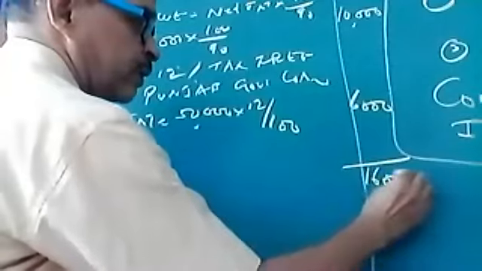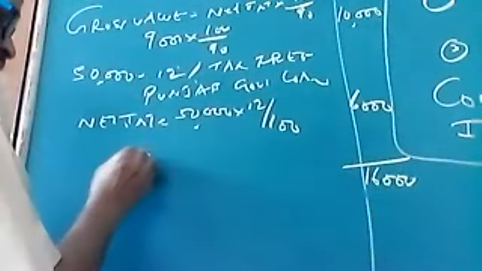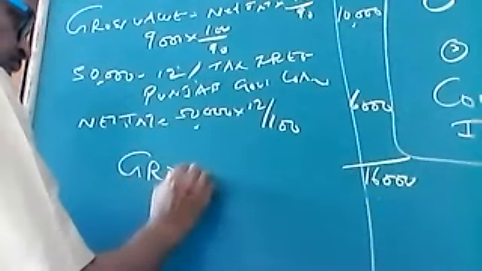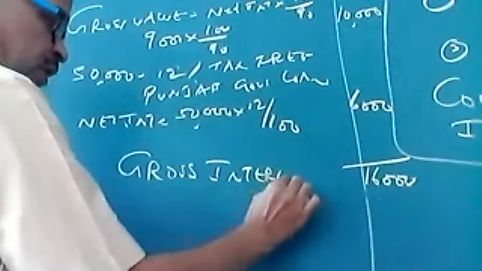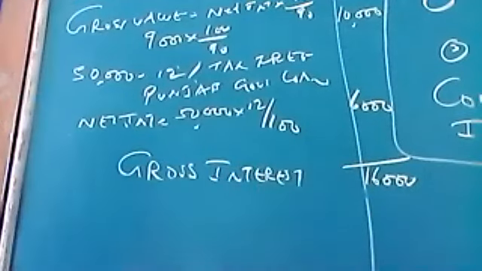Gross value. You got 6,000. Okay, so here everything is over. Add up 10 plus 6, 16,000. That is nothing but gross interest value. You got a gross interest of 16,000.